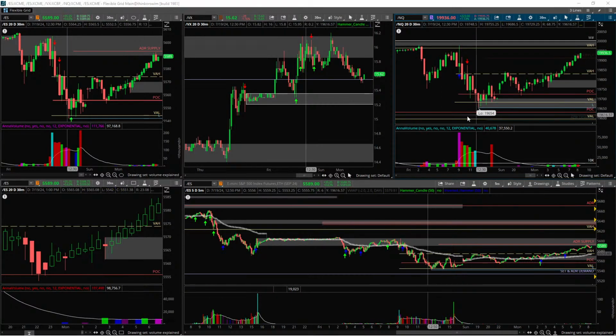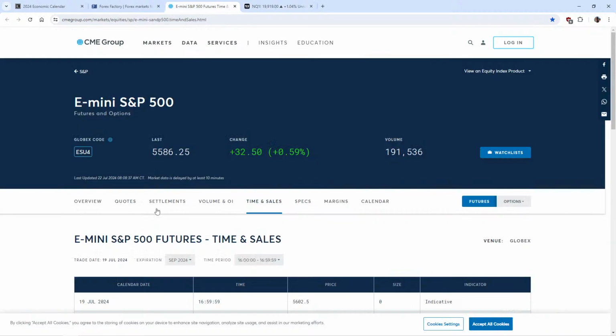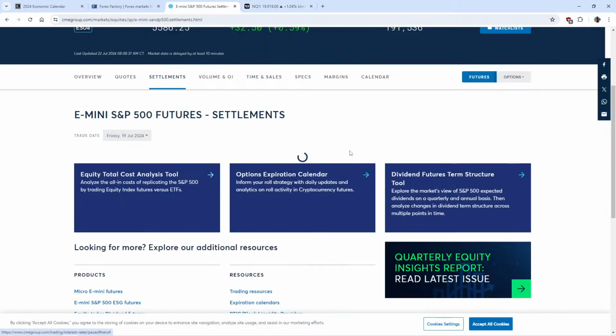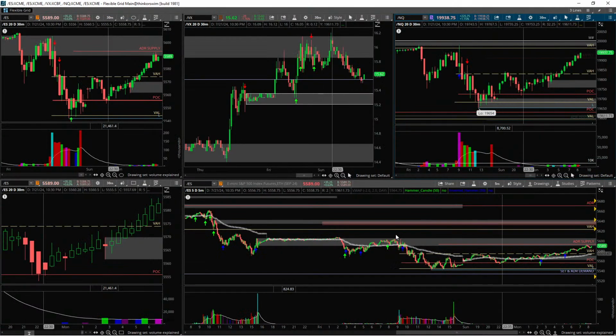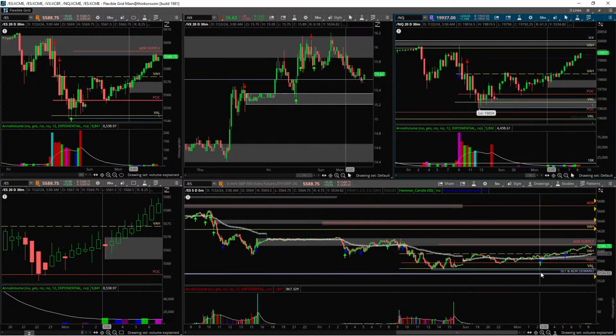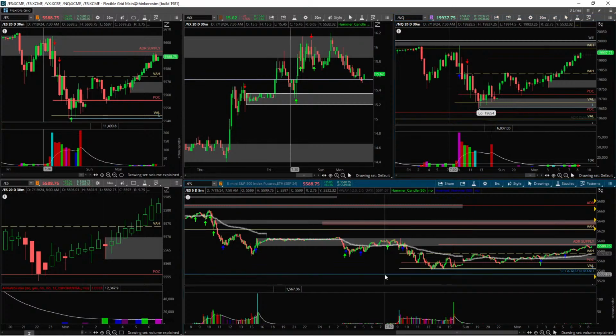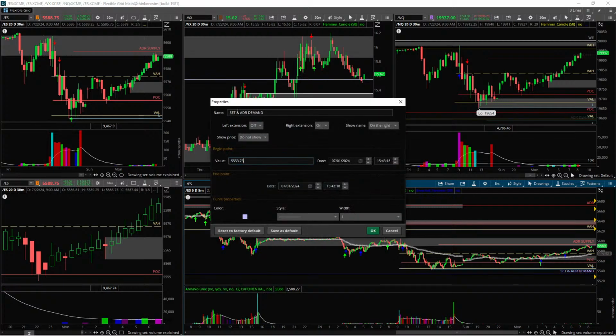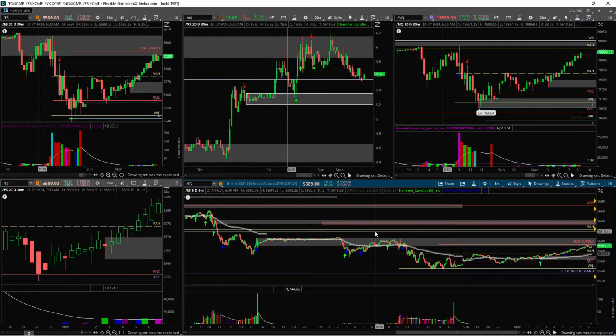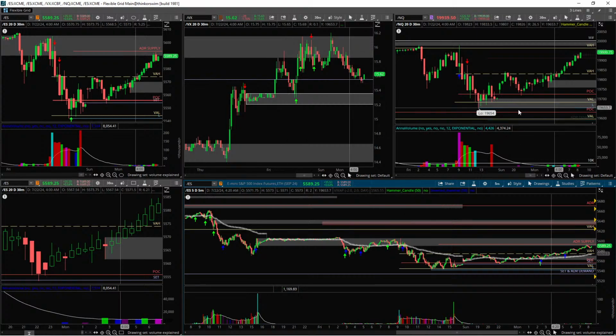And then we have settlement price, basically in the same area as point of control.